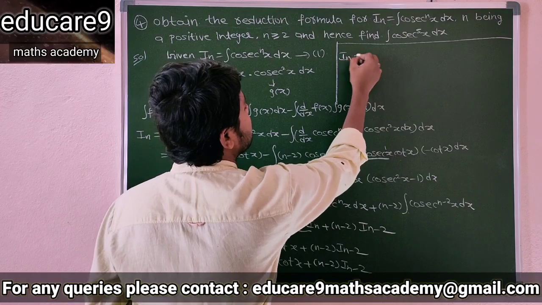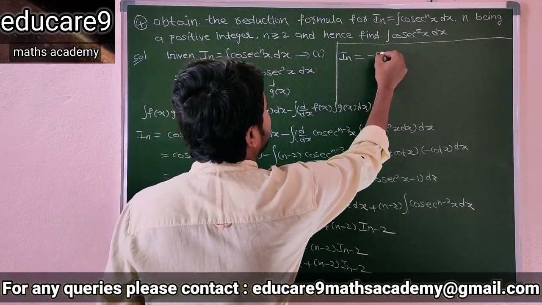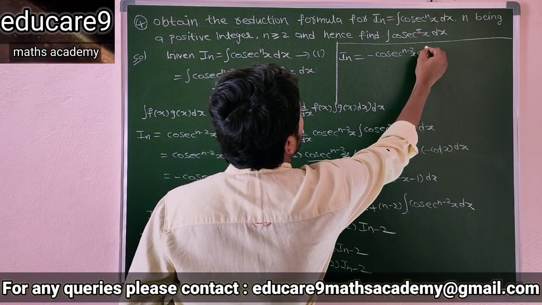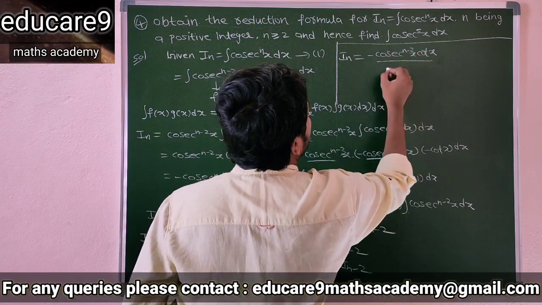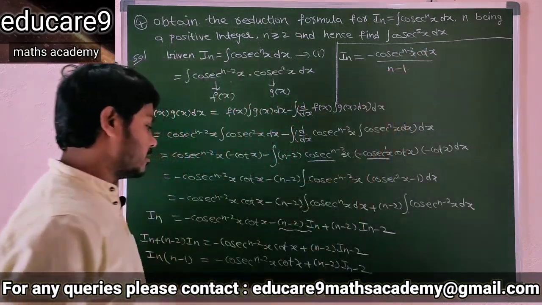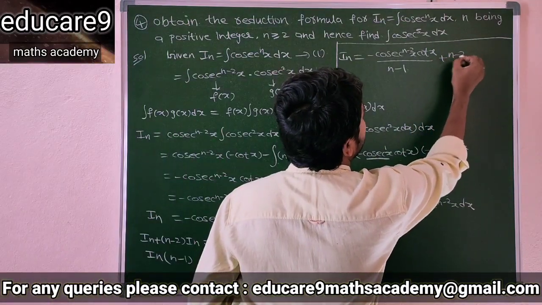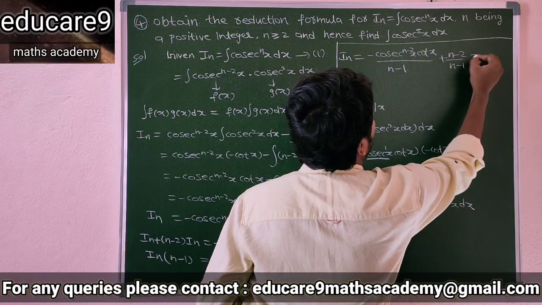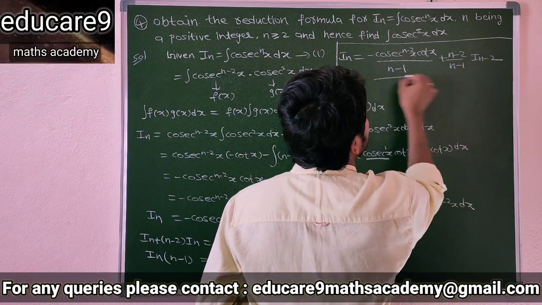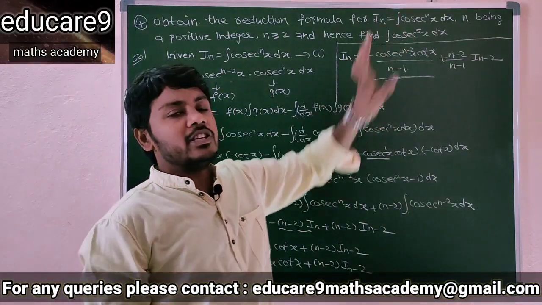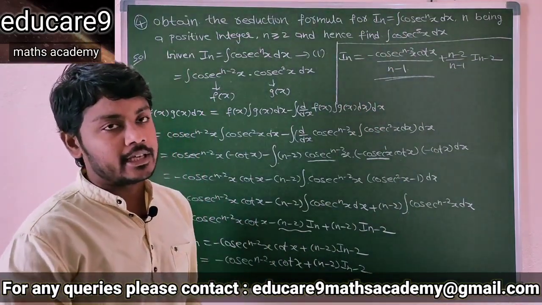In is equal to minus cosec power n minus 2x cot x divided by n minus 1 plus n minus 2 by n minus 1 into I n minus 2. So this is the reduction formula for integration of cosec power nx dx.